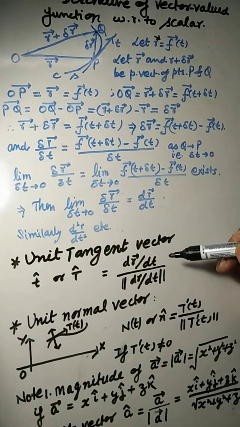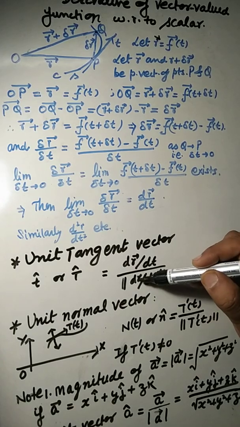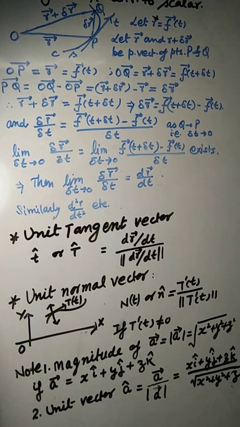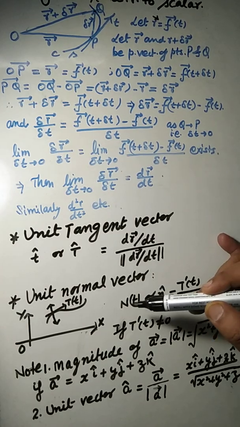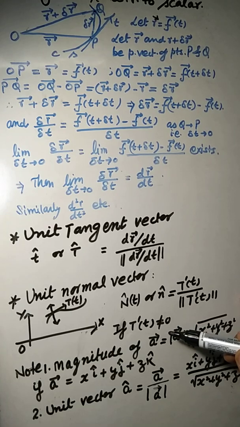So the unit tangent vector is dr/dt upon the magnitude of dr/dt. The unit normal vector, perpendicular to the tangent, is denoted by this symbol or this symbol or n cap: T dash upon the magnitude of T dash, where this derivative of T is not 0, then we will obtain the unit normal vector.